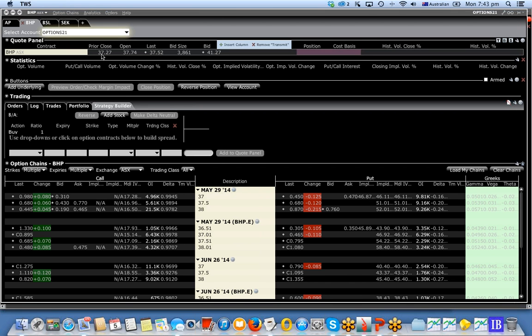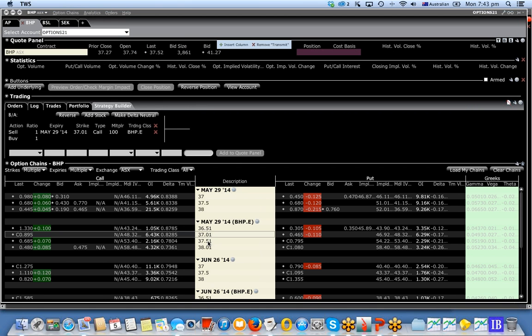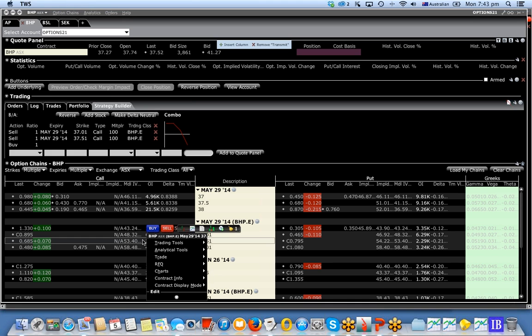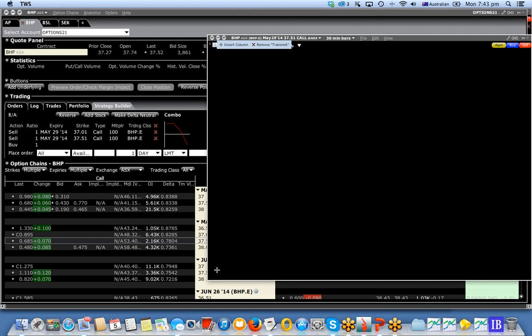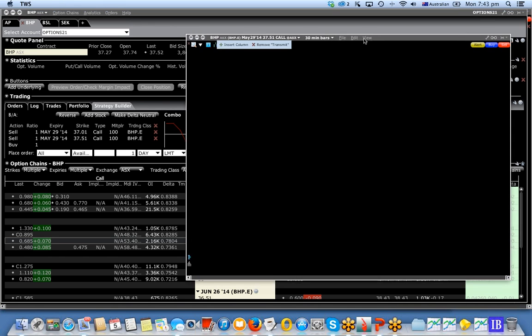Let's as well do at the money 37.25. Say, let's do 37.5, for instance. And you can plot right here. You just right click, and then you can see new chart, and let's see what will appear.